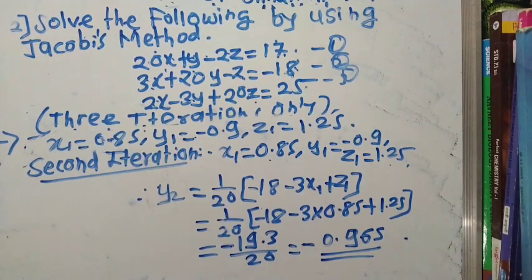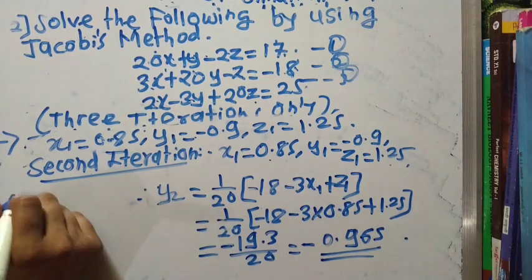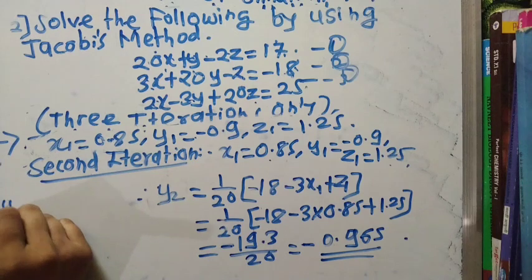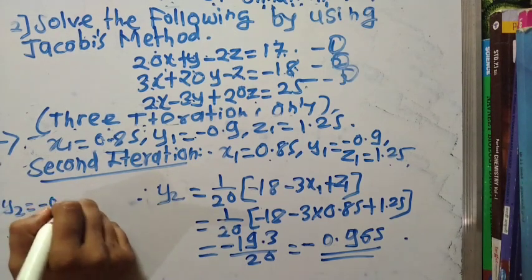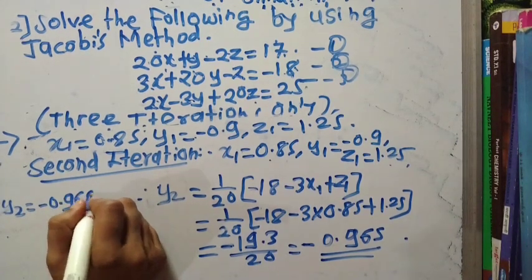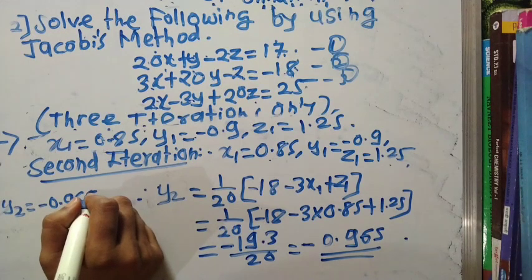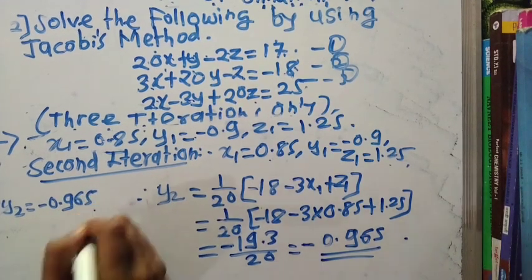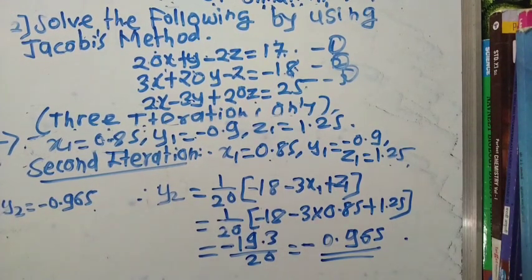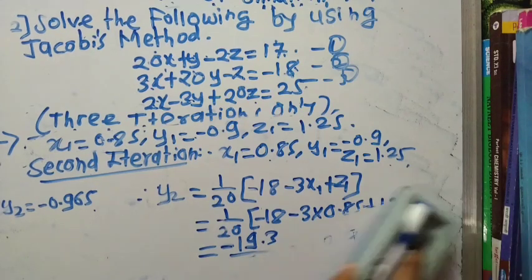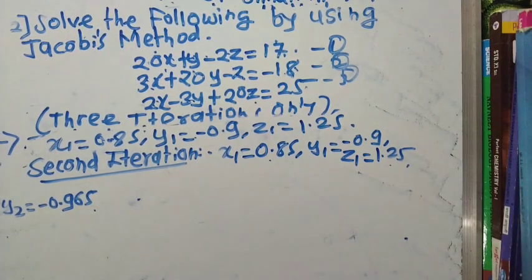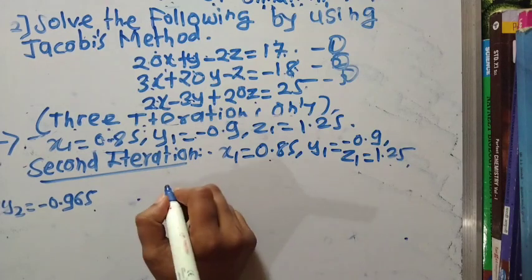Then find out x2. y2 is equal to minus 0.965. Then find out x2.